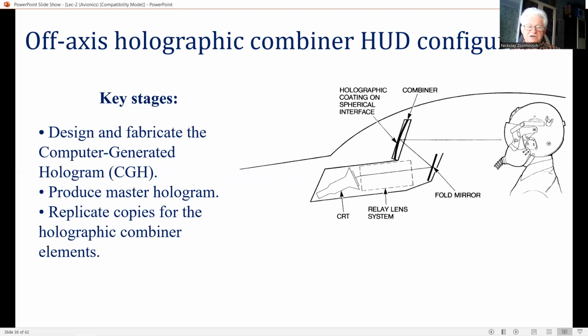The CGH and construction optics create the complex wavefront required to produce the master hologram. The CGH permits control of the power of the diffraction grating over the combiner, thus allowing correction of some level of optical distortion, resulting in a simplified relay lens.